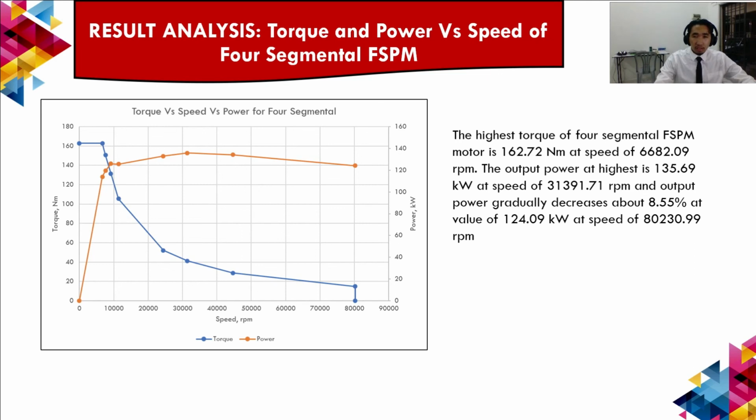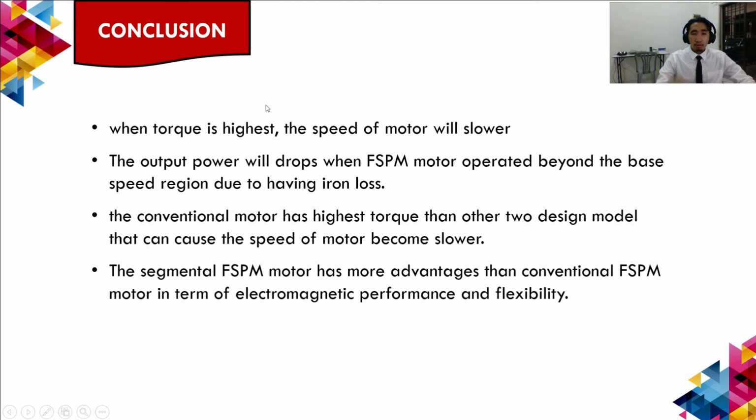As you can see, the output power gradually decreases about 8.55% at a value of 124.09 kilowatt at a speed of 80,230.99 rpm.